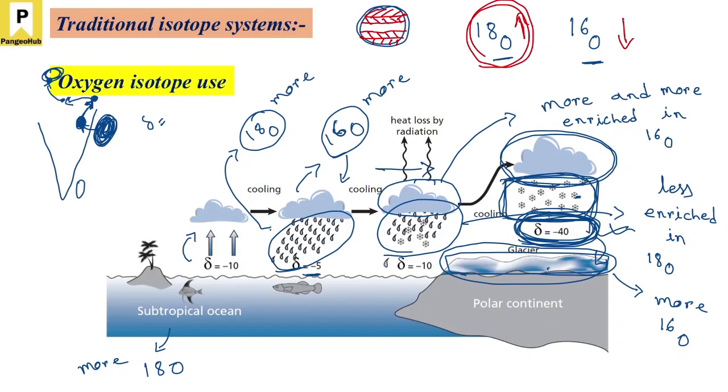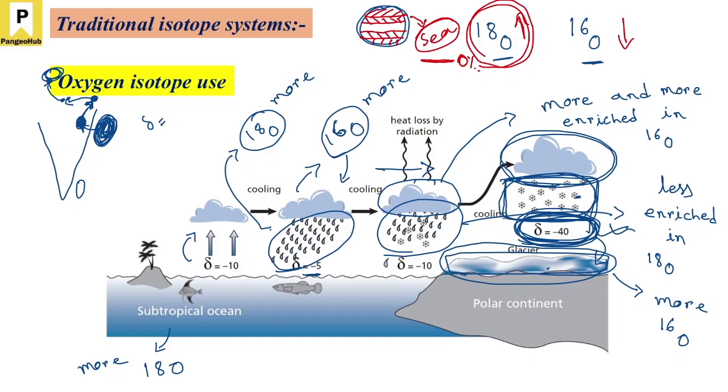When it runs through the deglaciation period, these glaciers will melt, and this water, which is very enriched in 16O, will move into the sea or ocean, and this will nullify the higher 18O value, and the sea will come very, very close to the zero per mil value, not exactly zero but very close to zero.